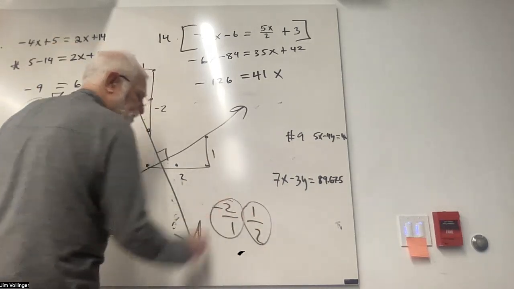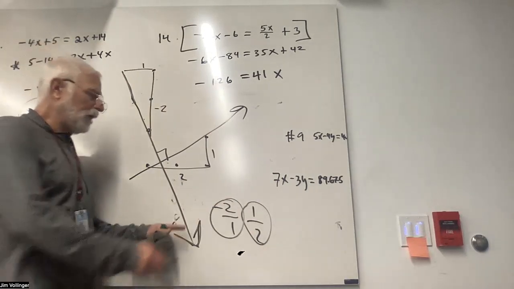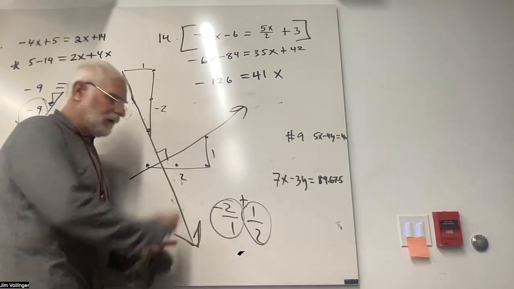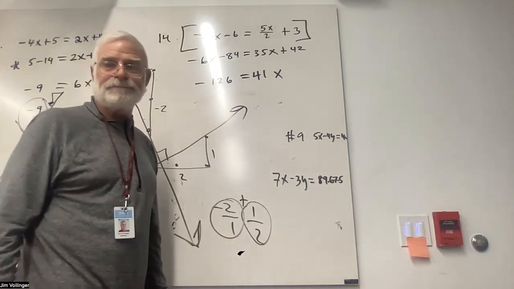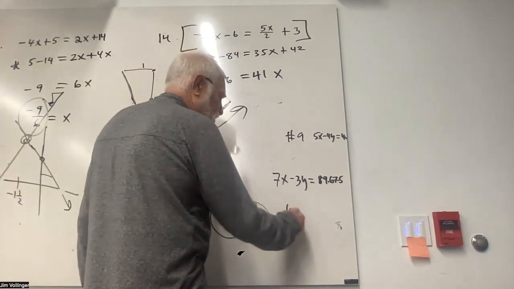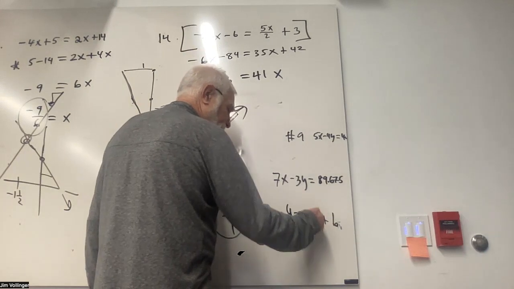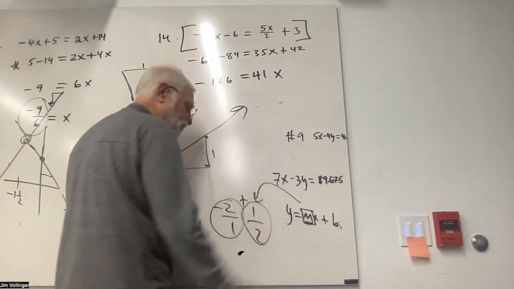Do you see a relationship between these perpendiculars? Yeah, one is positive, one is negative, and then one is reciprocated, flipped. All right, so if we can just get into y equals mx plus b form, then we can get that m, which is one of these numbers.